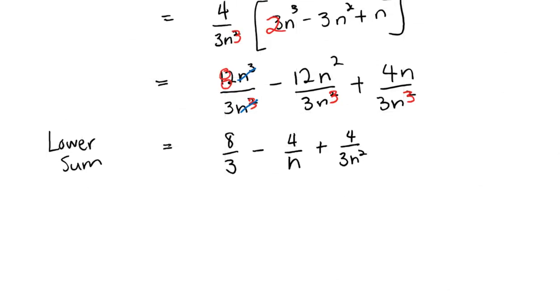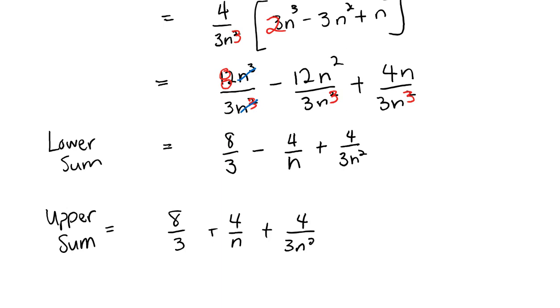I'm going to keep the upper sum as an activity for you. I'm going to tell you what it comes out to be. It comes out to be 8/3 plus 4 over n plus 4 over 3n squared.